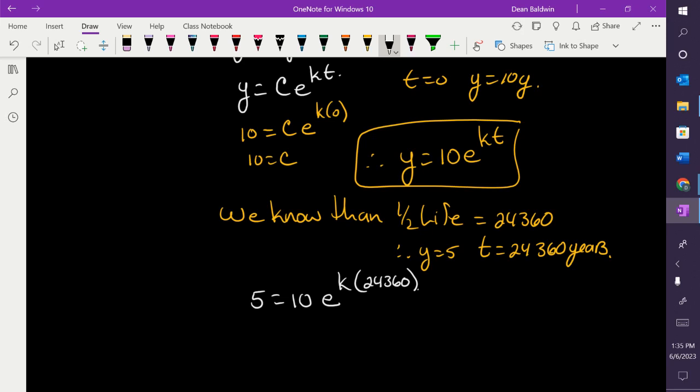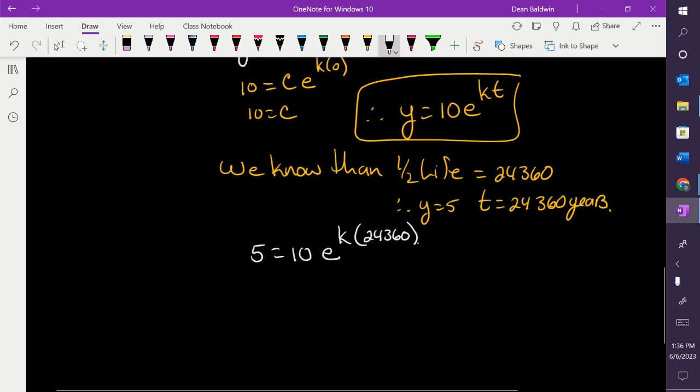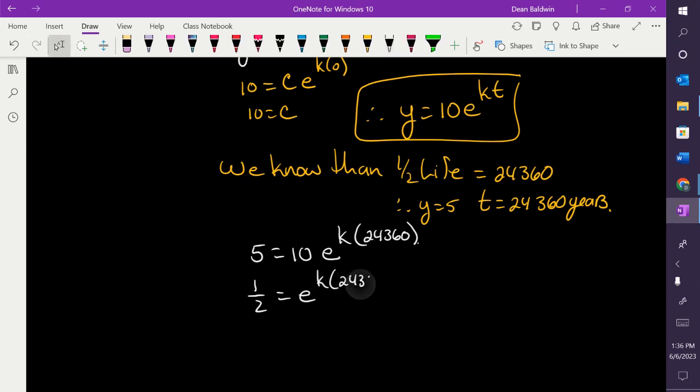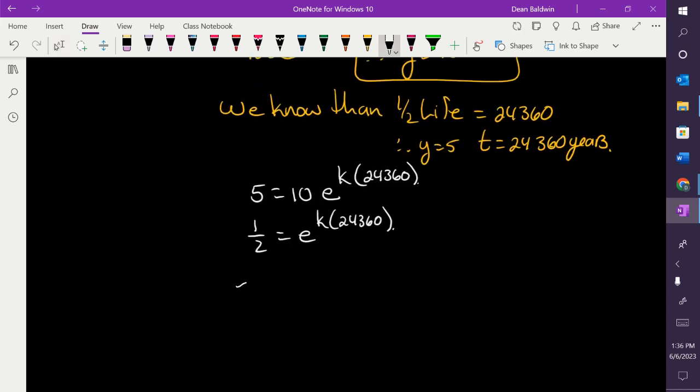Okay. How do you solve this? Well, do something first. Divide by 10. If you divide off the 10, you get 1/2 is equal to e to the k times 24,360. Now what log? ln. You natural log both sides.